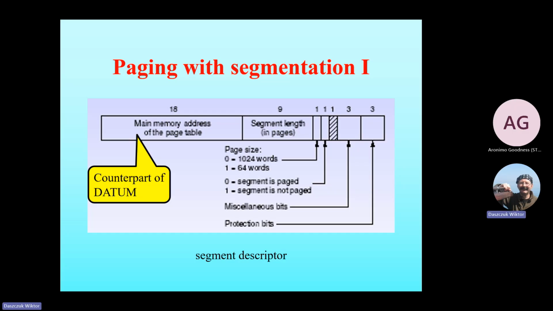Small pages or large pages. A page can have 1024 words or 64 words. A segment can be paged or not paged. We can allocate a continuous area of memory and not page it. It's possible in this system.